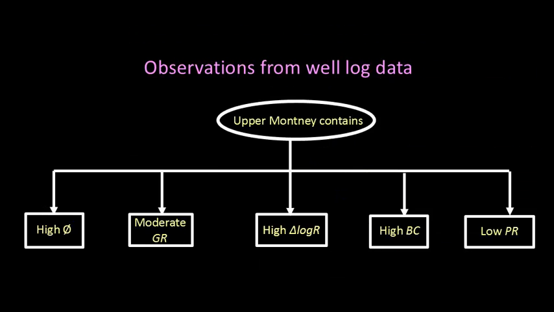Now, in the upper Montney, we look at the log data, and we find that it has high porosity, moderate gamma ray, a high delta log R, which is the crossover from Passey's approach, a high brittleness coefficient, which I'll come to in a moment, and low Poisson's ratio.